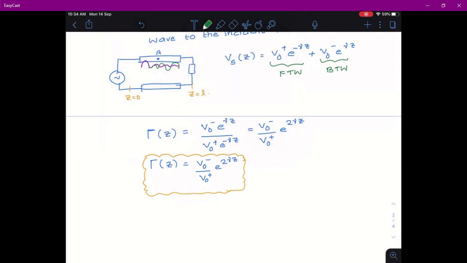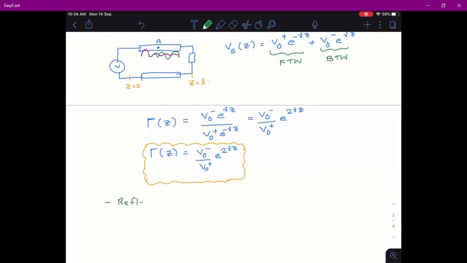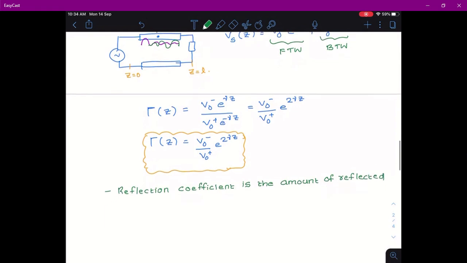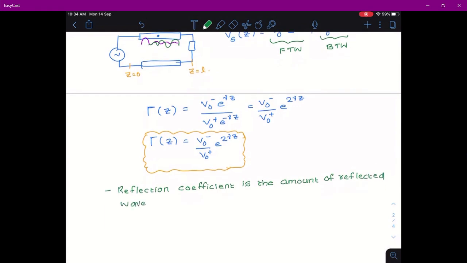It is also the amount of reflected wave at any point when compared to the incident wave.